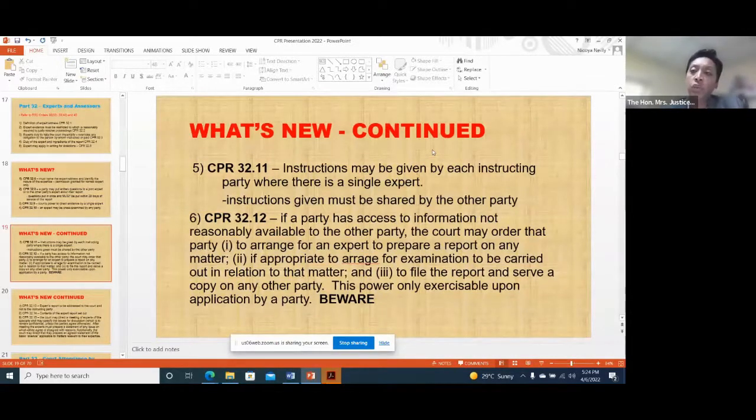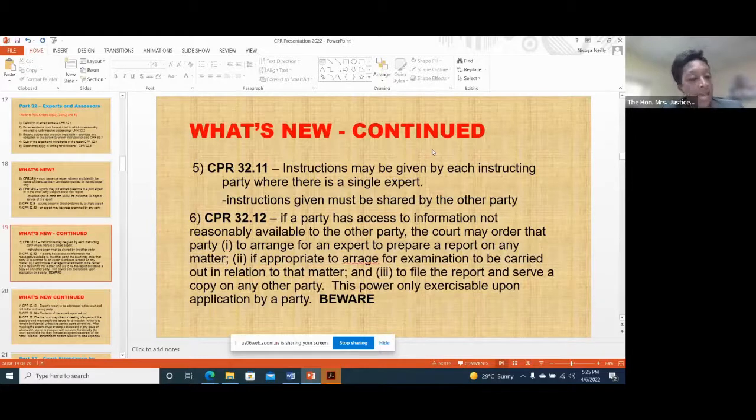Now 32.12, I must admit, I've put "beware" there, and I'm going to have to ask the Chief Justice to assist because this is new, but it also seems I'm not quite sure if there's a justification for this particular provision. So I will leave it to him to explain it if he can, but I believe it is worth highlighting. I'm going to read it exactly as it is here.